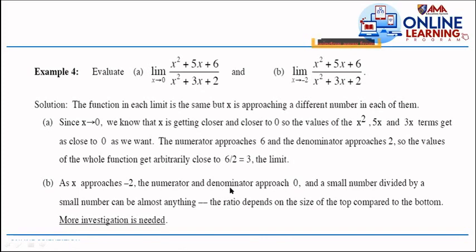Okay? So for letter B po, pag titignan po natin siya, una, sa letter A, we use the algebra method. I-check muna natin yung algebra method before using the table method saka graph method. Pag algebra method po siya, our limit is negative 2.